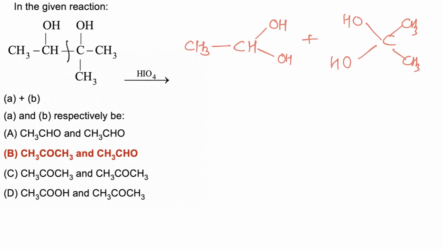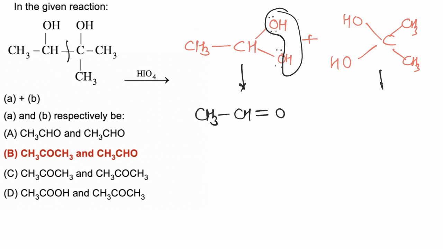Now these two molecules have two OH groups on the same carbon and due to lone pair repulsion between these two groups, a water molecule will be eliminated and it will finally be converted to CH3CHO. So one equivalent of acetaldehyde, and from this molecule again water is eliminated. So one molecule of acetone is formed and hence the correct answer is B.